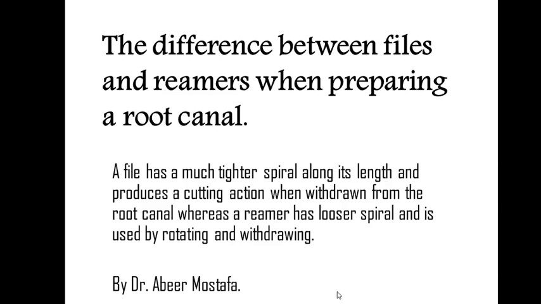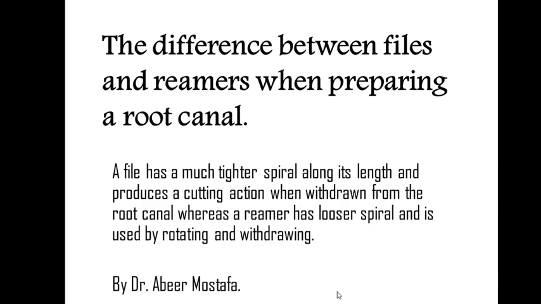A file has a much tighter spiral along its length and produces a cutting action when withdrawn. So its way of action is the cutting action when we withdraw from the root canal, whereas the reamer has a looser spiral and is used by rotating and withdrawing.